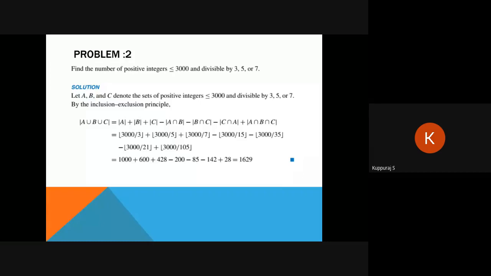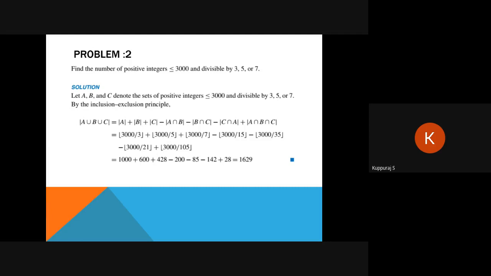After writing this, I will give the technique. With this technique, you can do the problem quickly. First, find the calculation for 3000 by 3. That is nothing but 1000, so the floor function of 1000. Next, don't find the value of 3000 by 5.